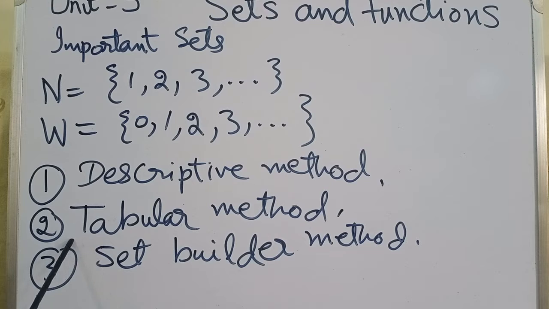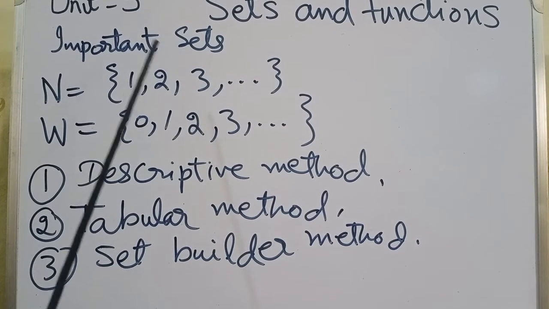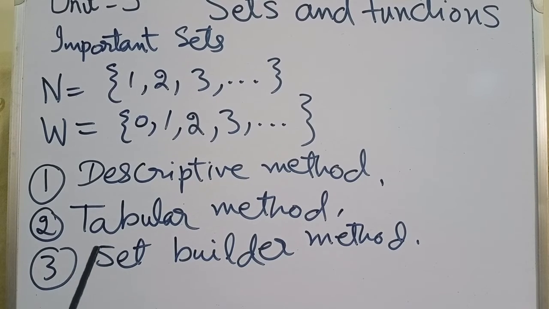In the second, tabular method, this method obliges us to write the numbers. We can write all numbers in bracket form and individually show these numbers.